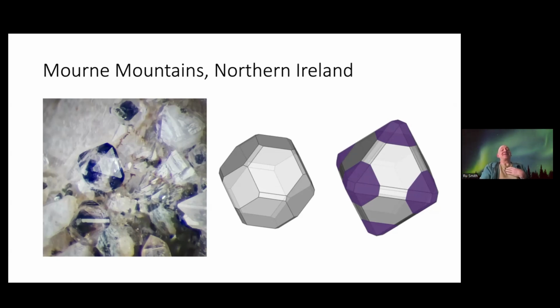Because there's a point that I didn't actually mention when I showed the Donnay and Harker paper, which says that just by virtue of the internal lattice crystal structure, some faces are going to be more prominent than others, which is true. But that forgets that in nature, there are lots of other things that can change: pressure, temperature, pH, other contaminants, other solutes in the solution.